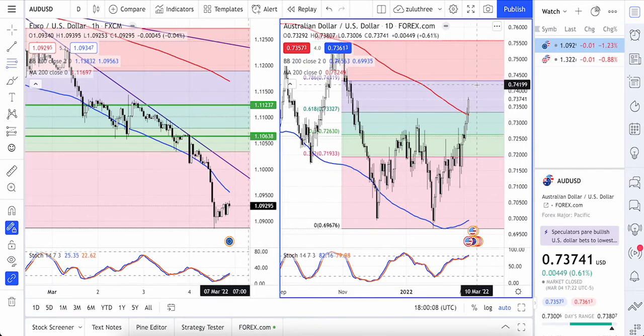As I said, we're in between two levels. We're probably going to reach up to the 78.6, so it's fairly bullish at the moment. Interestingly, compared to the pound and the euro, the Aussie dollar has done pretty well. My guess is that it's not as affected by the Russia-Ukraine situation as Europe and Britain, the euro and the pound.